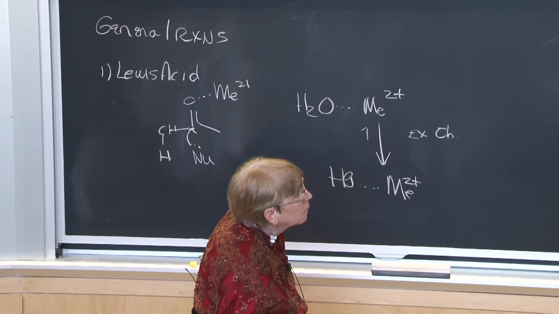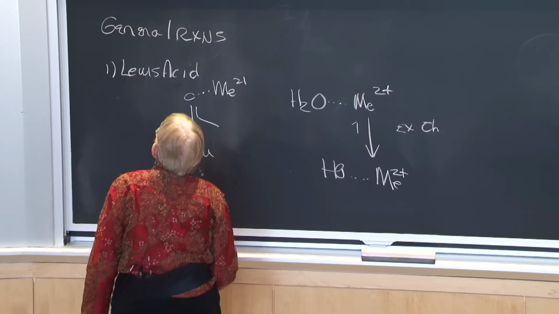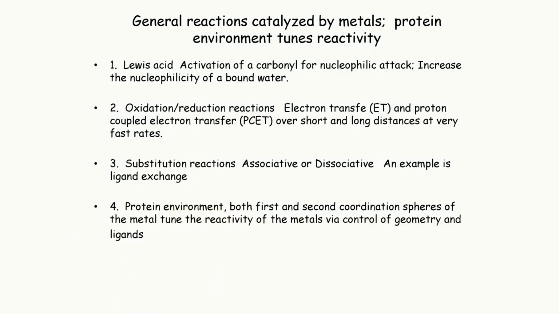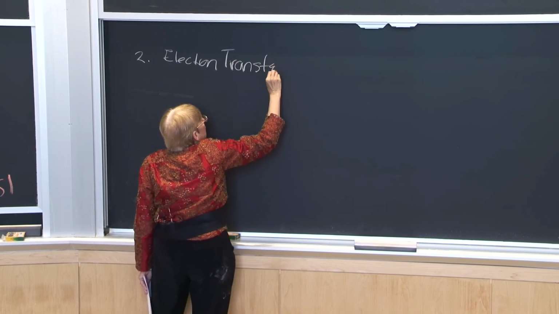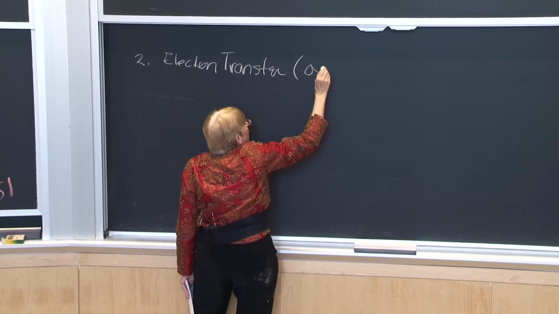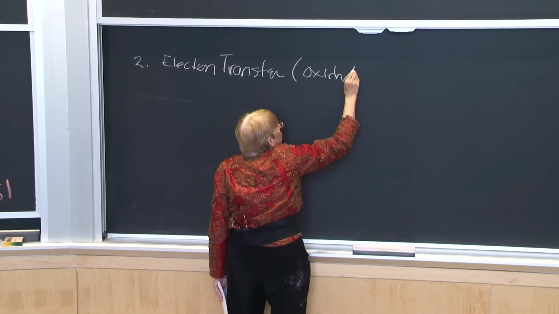Okay, so the second thing I want to very briefly talk about is the second kind of reaction, which maybe many of you haven't seen before, is electron transfer. So this is basically oxidation reduction.